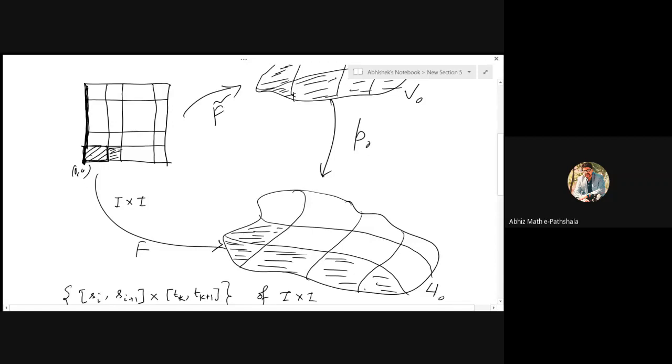But in P inverse B naught, you have the discrete topology as a subspace of the space capital E. Which says that f tilde of this left edge, being a connected set in P inverse B naught, which is a discrete space, has an image that is a singleton set.